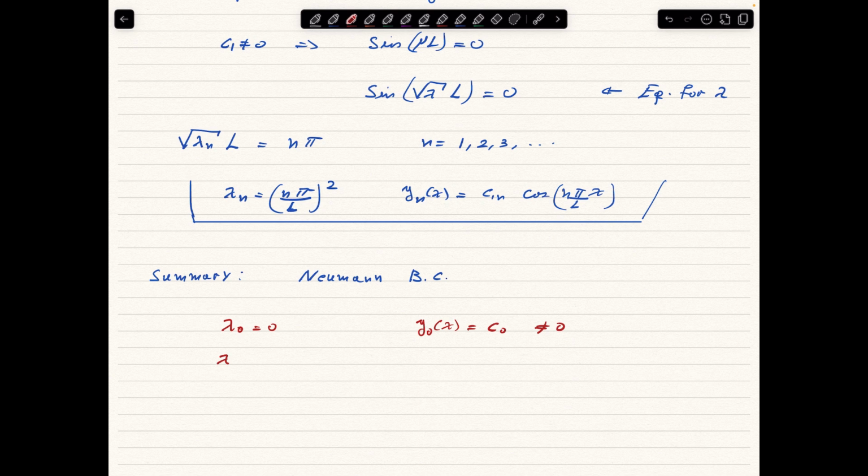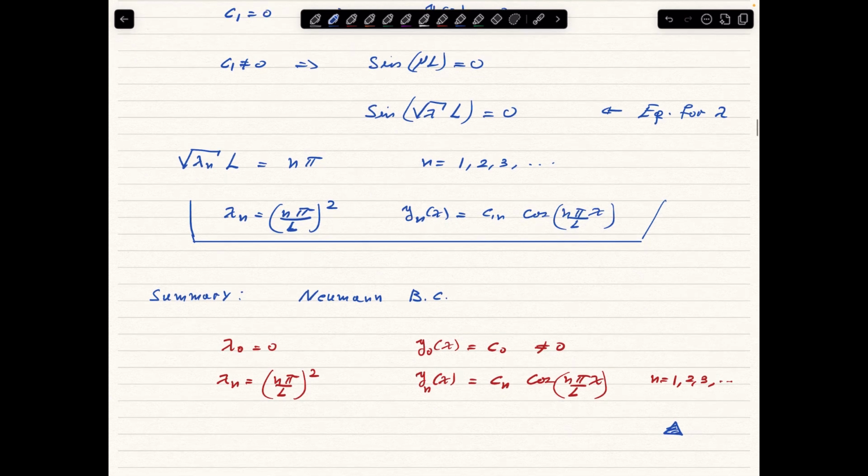And then we have eigenvalues lambda n that are positive, n pi over L squared, and the corresponding eigenfunctions are yn of x, proportional, Cn, to the cosine of n pi x over L, and here n is 1, 2, 3, up to infinity. And that is the solution of the eigenfunction problem for the operator we are interested in, for Neumann boundary conditions.